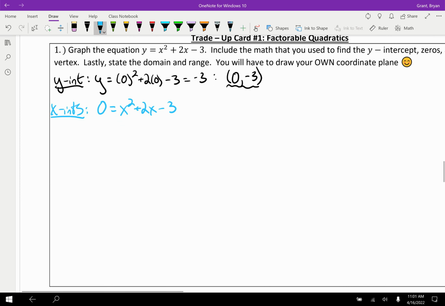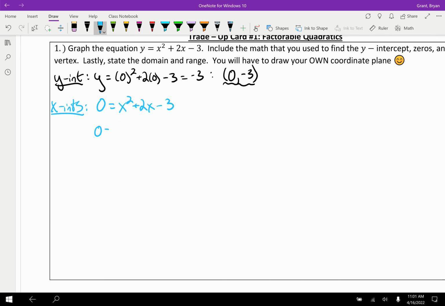To find these zeros, I think we're going to need to factor this. That's your box again. You can totally show that box method. Don't forget it because you will need it sometimes. However, in this case, because there's that 1 in front, we probably don't. We know it starts with x and x. We need to multiply to make 3, and the only way to do that is 1 and 3.